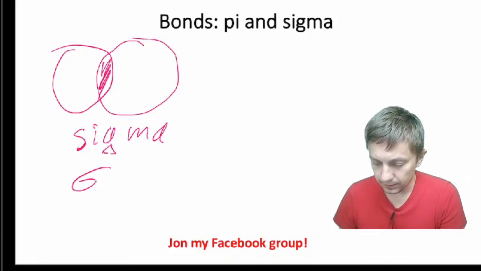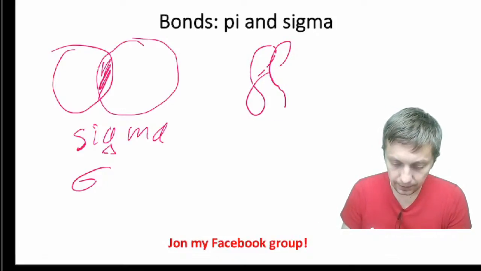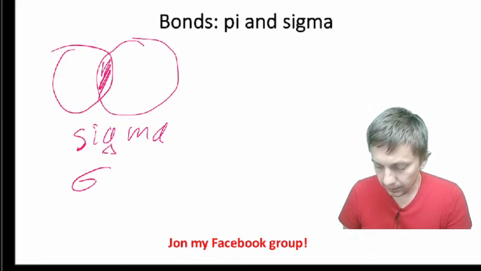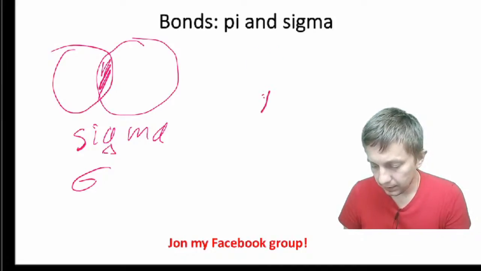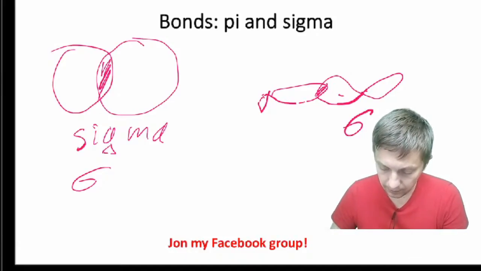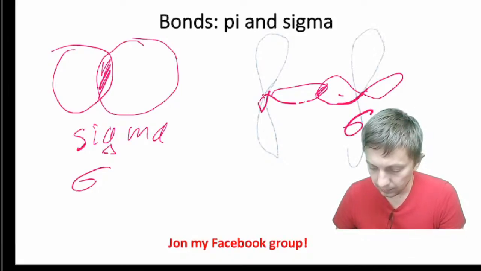Another option is if we're dealing with overlapping, like in alkanes, for example, we have partly overlapping. It's sigma bonds, but additionally we have pi bonds.